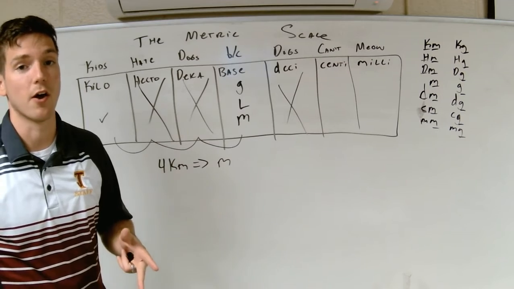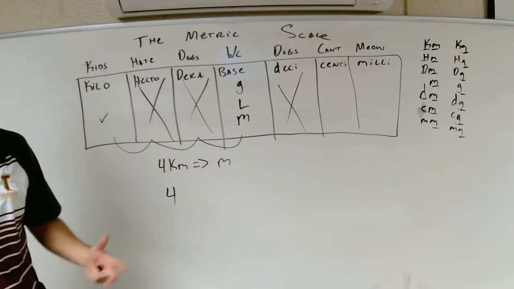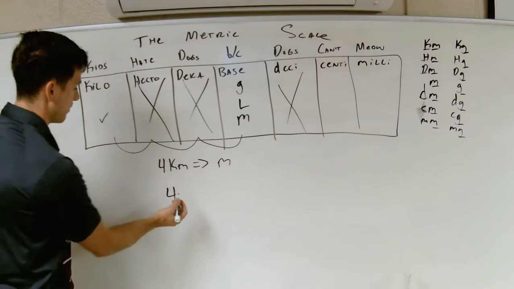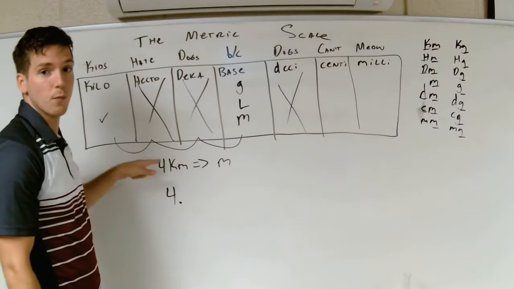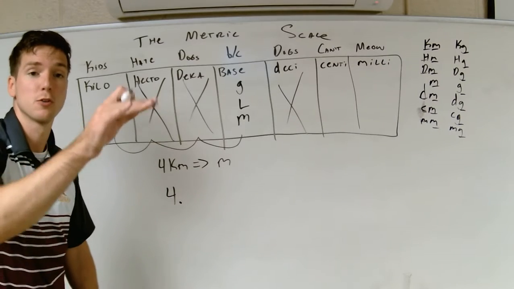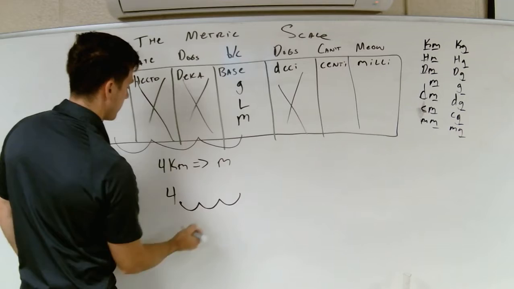Well, what is going to be moving 3 jumps to the right? That is going to be our decimal. If I were to write out 4, there's no decimal there, but it's inferred to be right there. I did 1, 2, 3 jumps to the right, so I'm going to move my decimal 3 jumps to the right: 1, 2, 3.